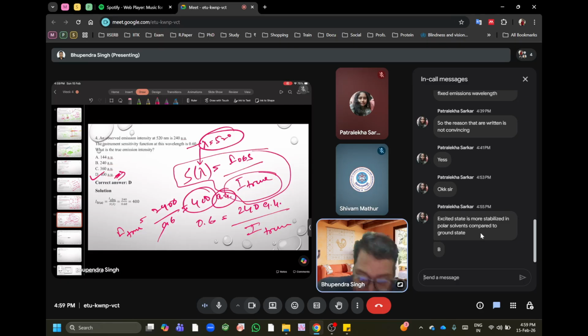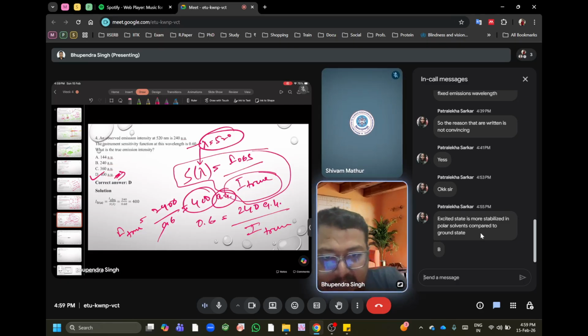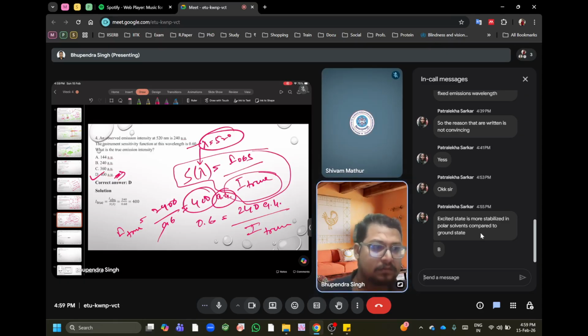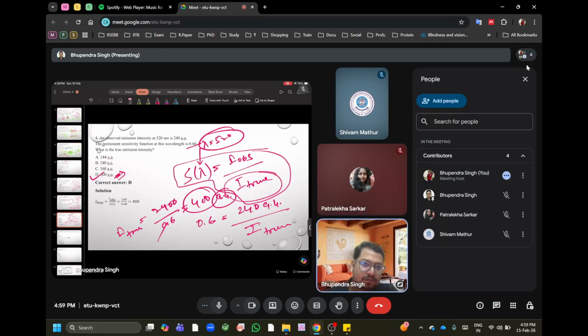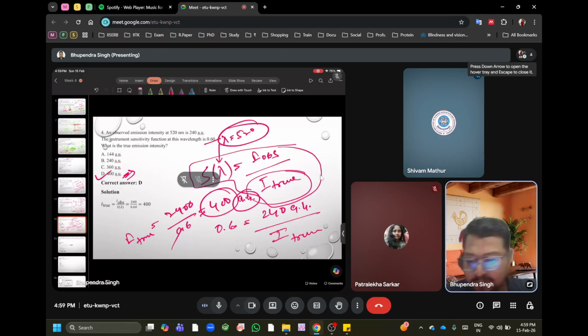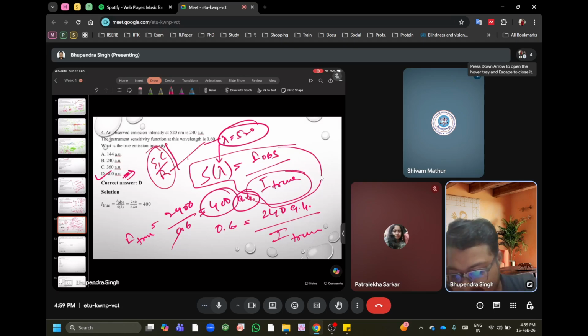We always multiply by the sensitivity when we observe the emission spectrum.